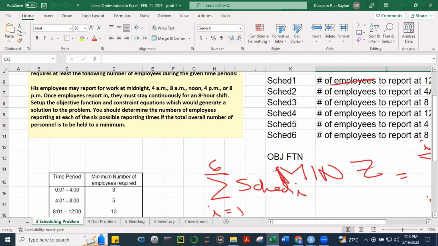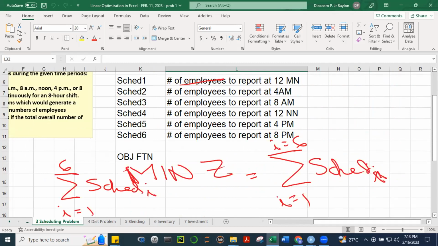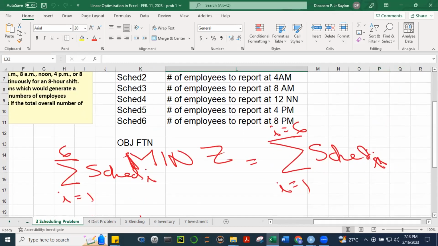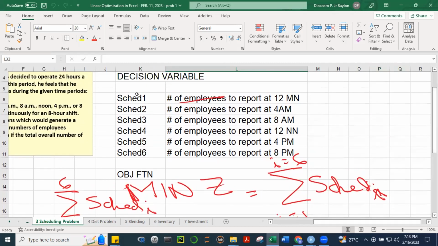So it's just the summation of all your schedules here. Schedule 1 plus Schedule 2. Take note that Schedule 1 refers to the number of employees to report at 12 midnight. So be very careful with how you design your decision variables.